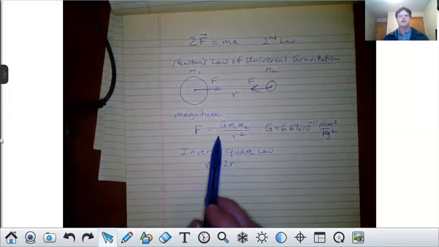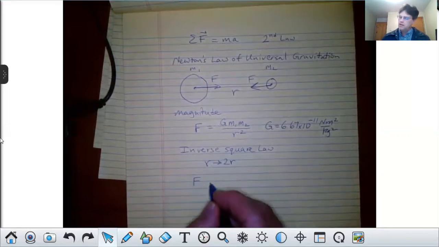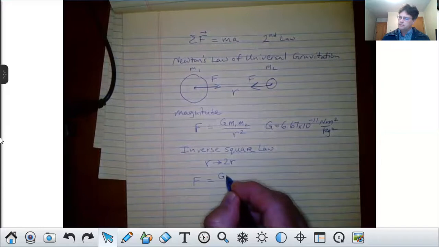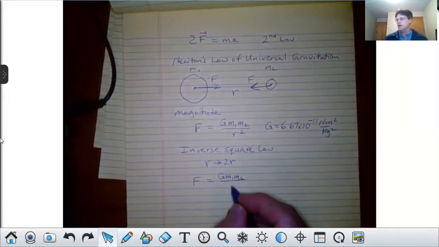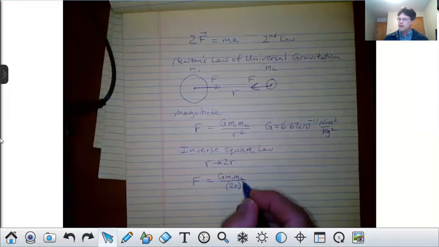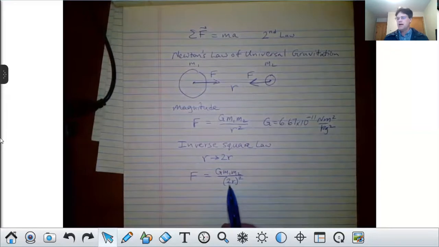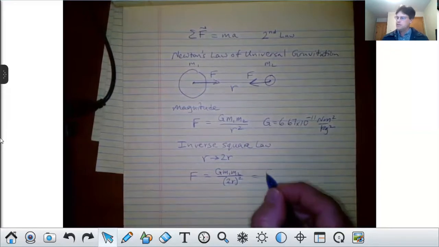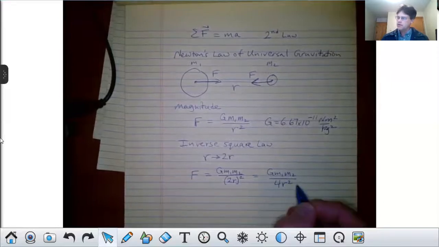Well, let's use our universal law of gravitation here and just plug in 2r, right? Assuming all the masses are the same, G is always the same. I've just doubled my distance. Now when I square it, you'll see I get a factor of 4 here. This becomes G M1 M2 over 4r squared.